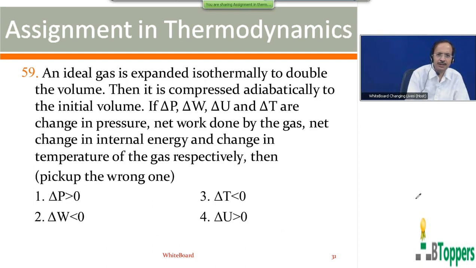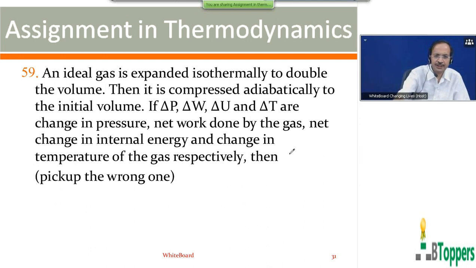So in the isothermal expansion, the temperature of the gas remains constant. First it undergoes an isothermal process. Next, an adiabatic process. We can show the process roughly in the indicator diagram or PV diagram.